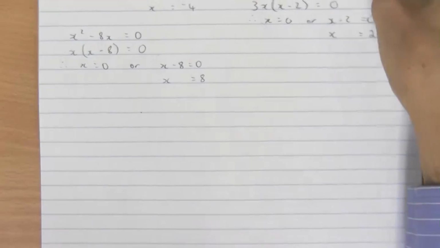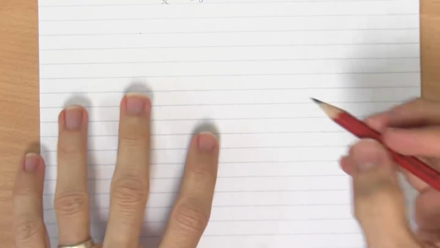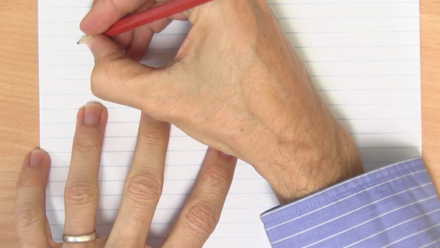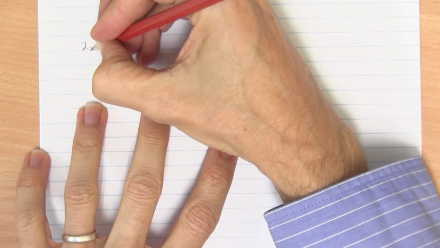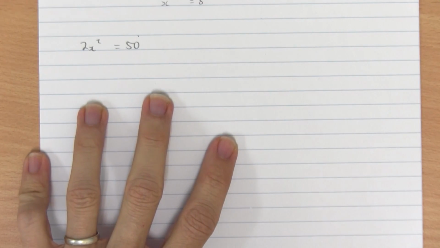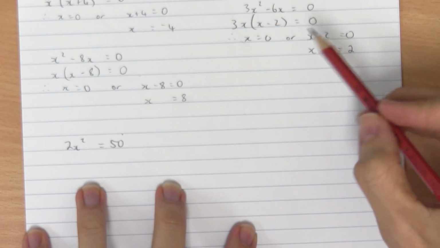What happens if instead I've got something like this? 2x squared equals 50. Actually, there's two ways to solve this. First, I'm going to solve it the same way I solved them up here.